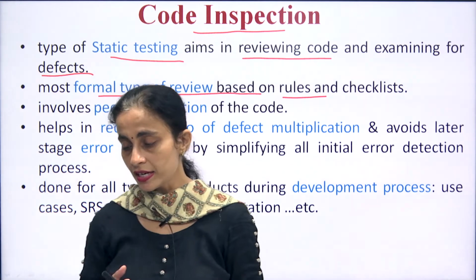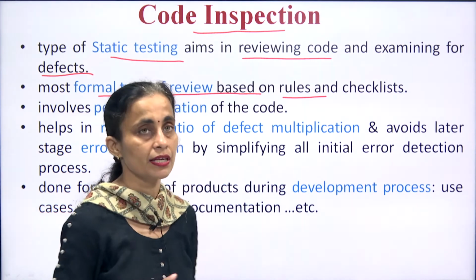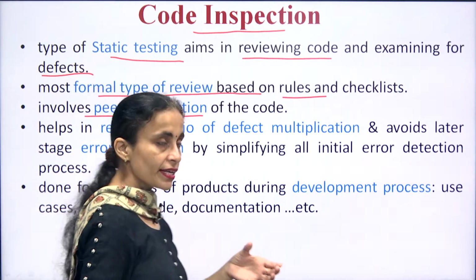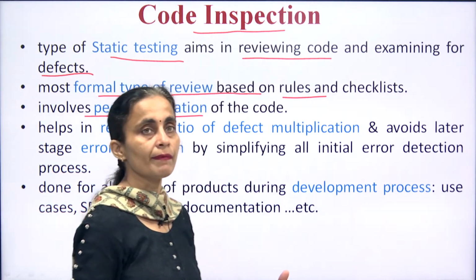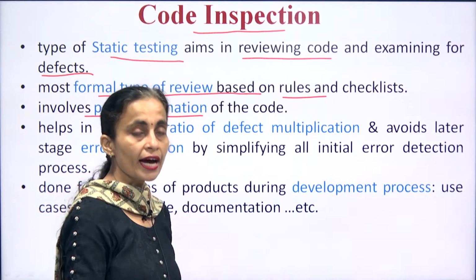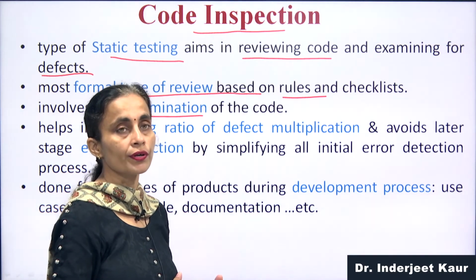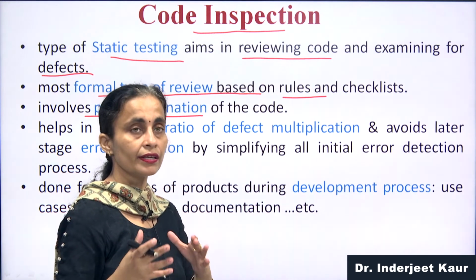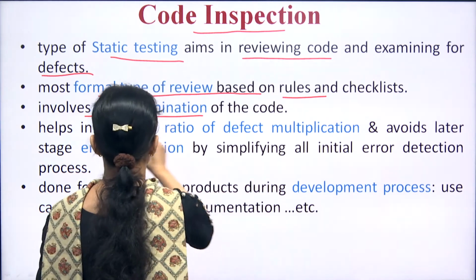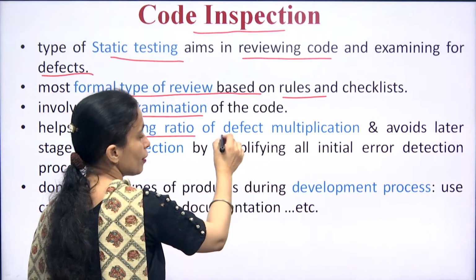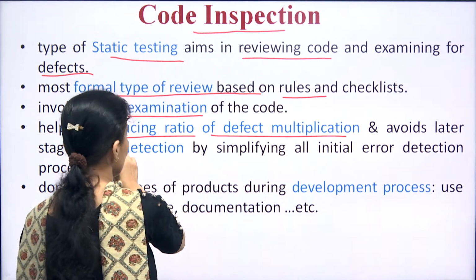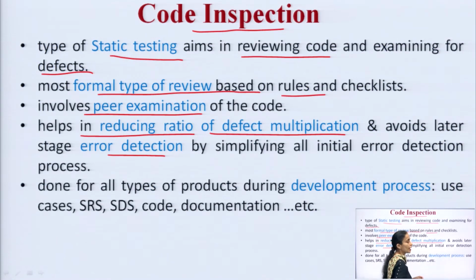This method involves the peer examination of the code. We know that every change will be done in my coding part, so we have to examine that code very deeply. So, peer examination will be done here. It helps in reducing the ratio of defect multiplication, and defects are avoided at the later stages of error detection.